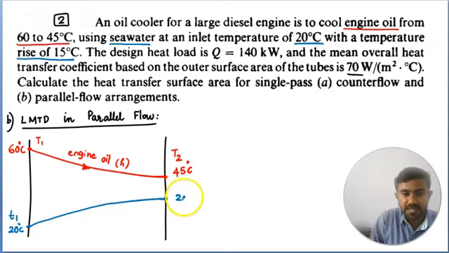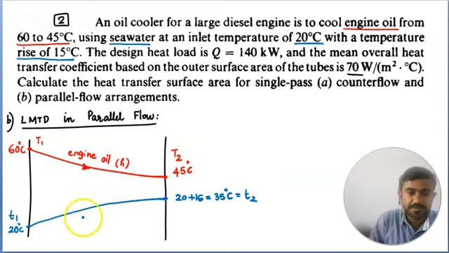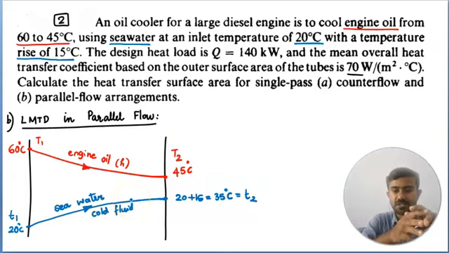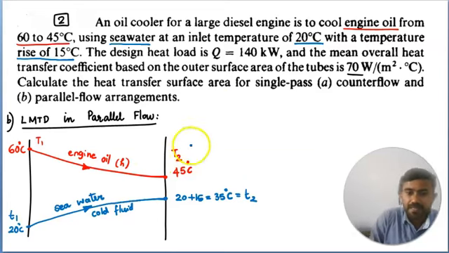Okay. 20 plus 15 is 35 degrees. This will be your t2. And the fluid given is seawater. This is our cold fluid. Now because it's a parallel flow configuration, both the fluids enter in the same direction from left to right.